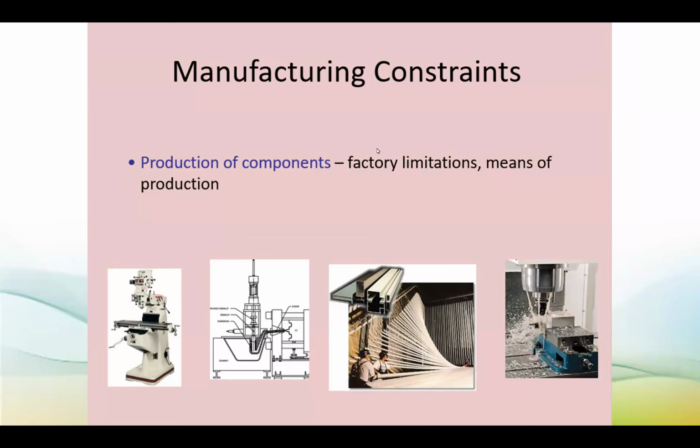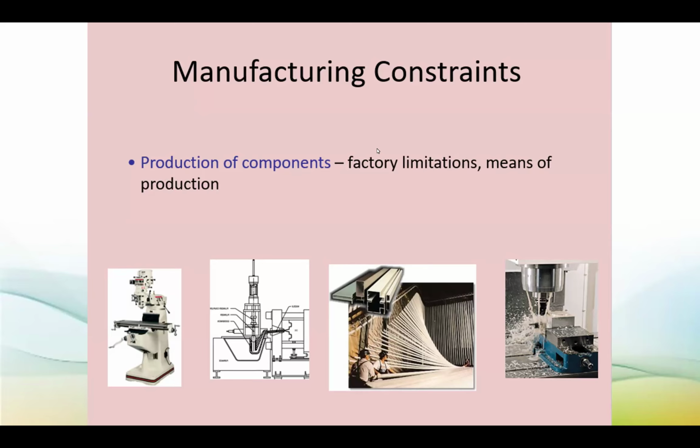So suppose you are planning to design something, then this manufacturing constraint was there. You can design many things, but how will you manufacture that? This issue was there a few years back.